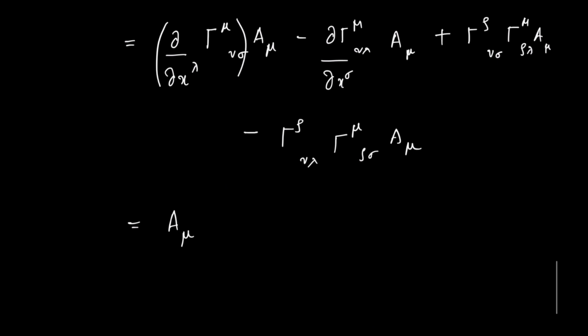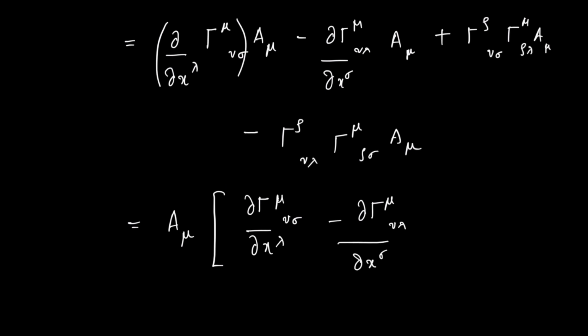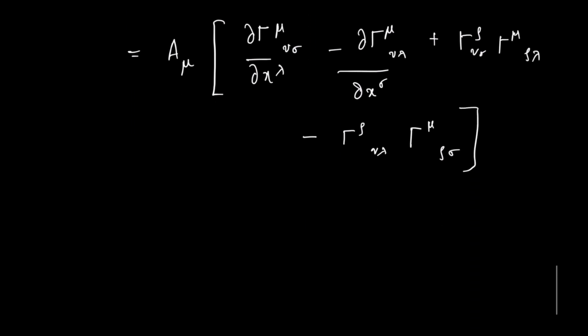So if I take A mu common, then I will get mu nu sigma with respect to x lambda, then minus mu nu lambda with respect to x sigma, then nu sigma mu rho lambda minus rho nu lambda mu rho sigma. So you get A mu multiplied by a very big quantity, right?